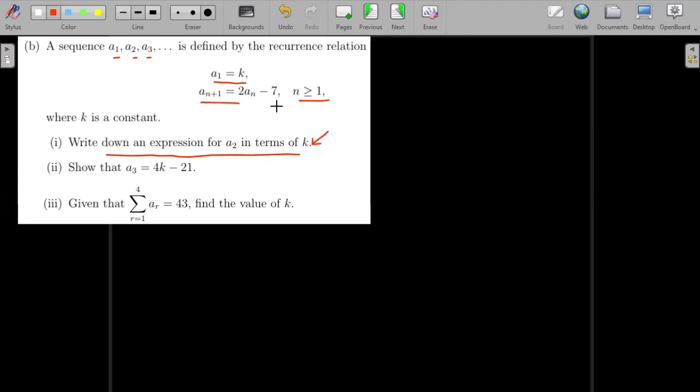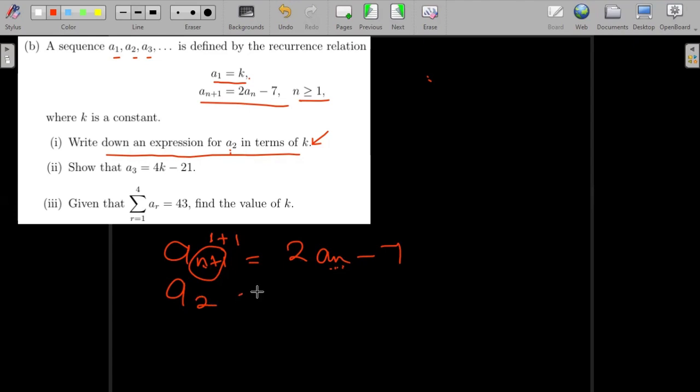Okay, so I'm going to use this formula: A(n+1) is equal to 2An minus 7. I want to find A2 in terms of K. Here I'm going to say A2, the 2, I can write as 1 plus 1, so n will be 1. So where there's An, I'm going to put A1.